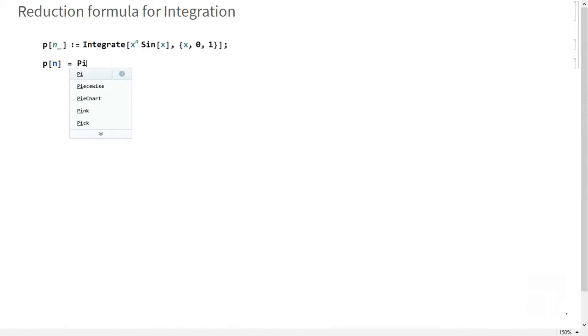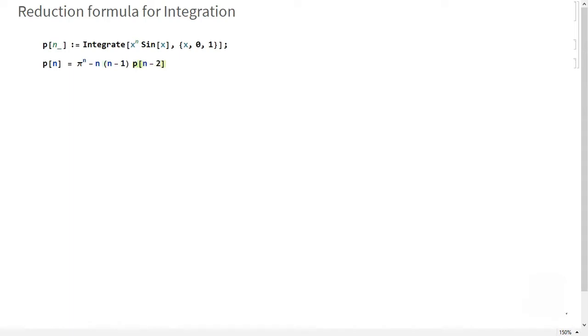You can always write pi like this, or you can switch to symbols, whichever way you like. So that would be pi to the n minus n times n minus 1, and then you want to type P of n minus 2.